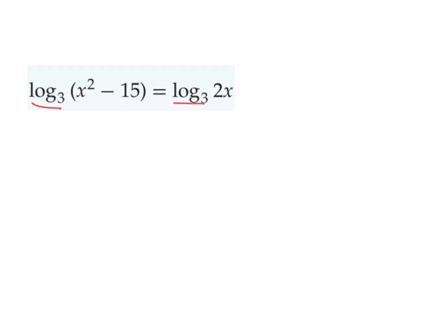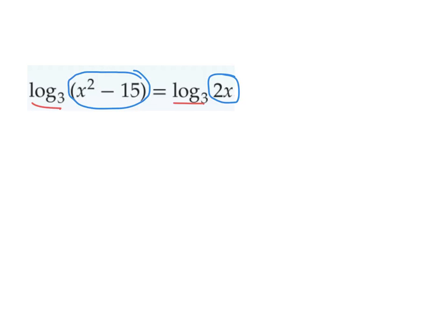Because if the log base is the same on both sides and the left-hand side equals the right-hand side, then what has to be true is that this has to equal that. Essentially, we're going to set what I've circled in blue equal to each other, solve that, and I'll find out what x is.